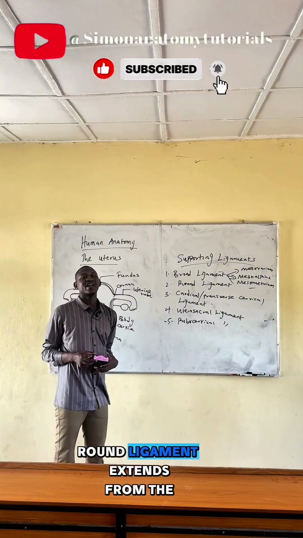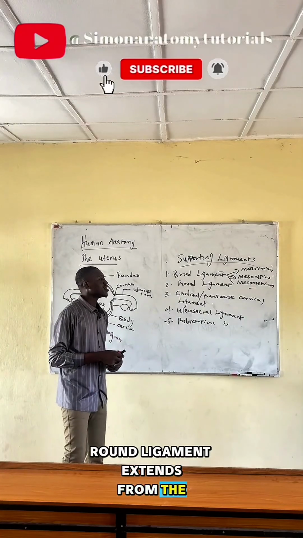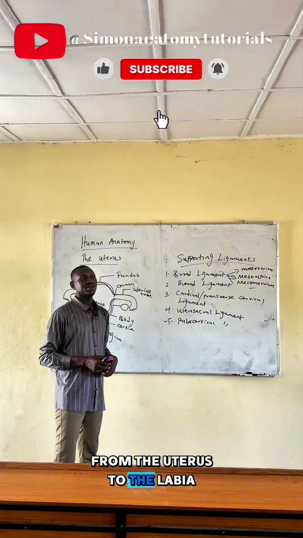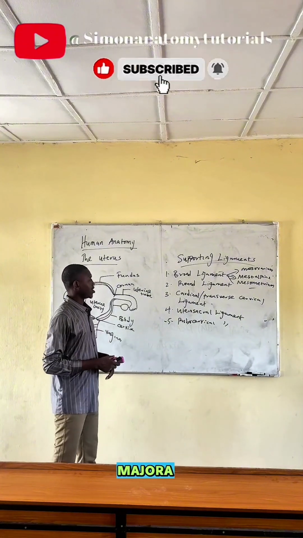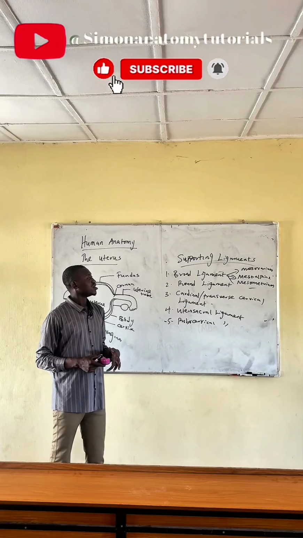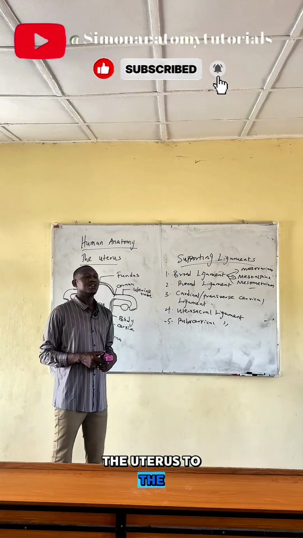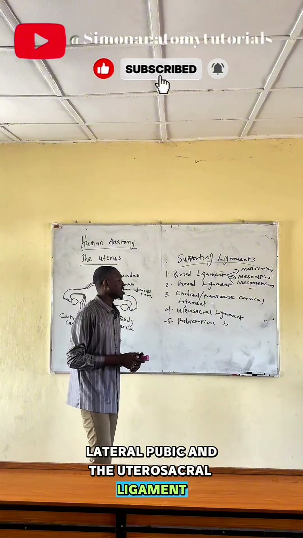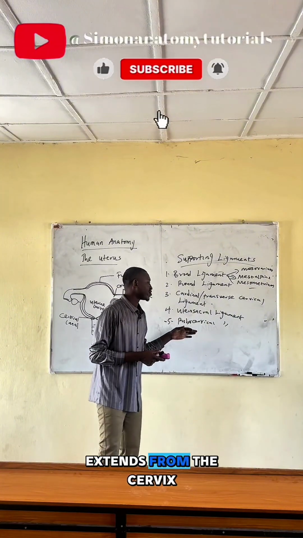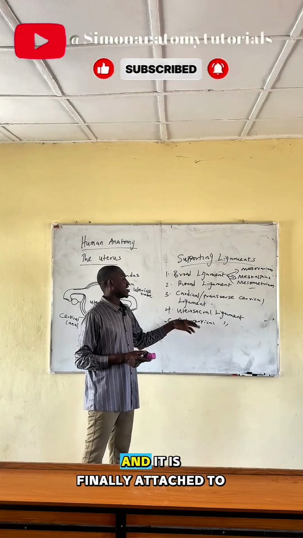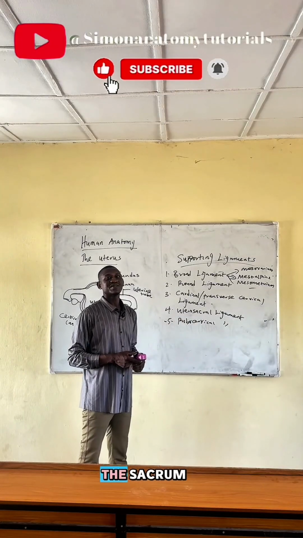So the round ligament extends from the uterus to the labia majora, while the cardinal ligament extends from the uterus to the lateral pelvic wall, and the uterosacral ligament extends from the cervix, which is the lower part of the uterus, and is finally attached to the sacrum.